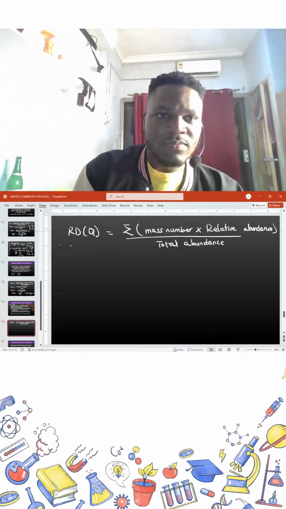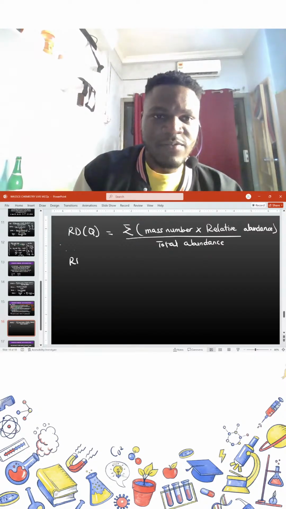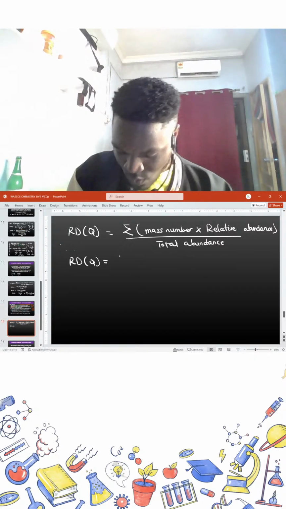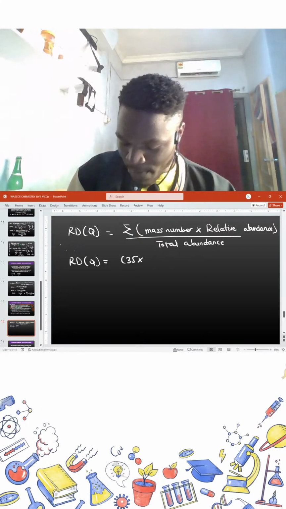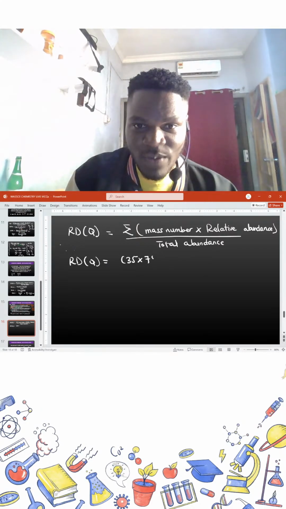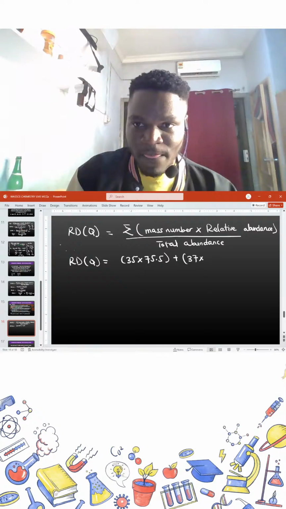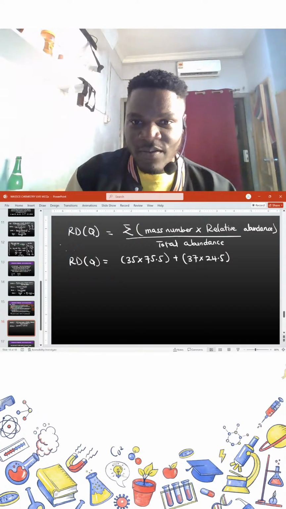So I'll take my white again. The relative atomic mass for Q will be equal to, so we have isotope 35, and the relative abundance is 75.5%, plus for isotope 37, the relative abundance is 24.5, okay?